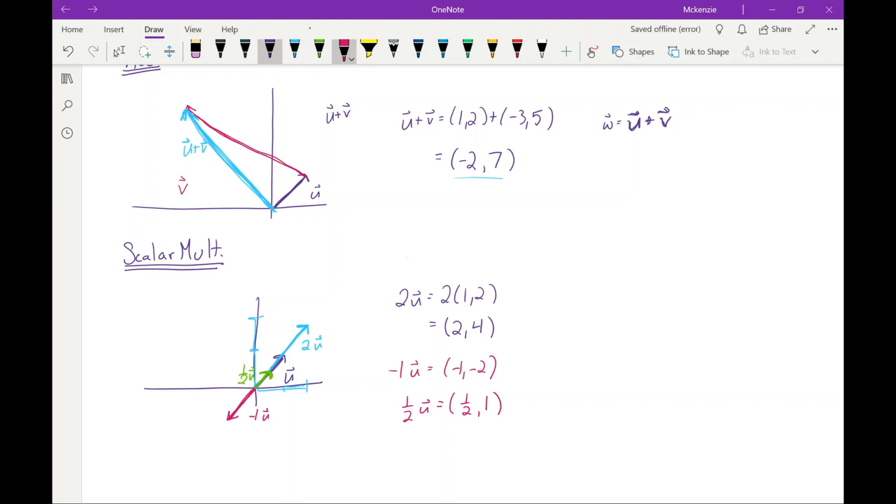And lastly, just for the sake of it, we can say that 2u is the vector labeled 2u, -1u, and 1/2 u. Those are all the abstract versions of these.